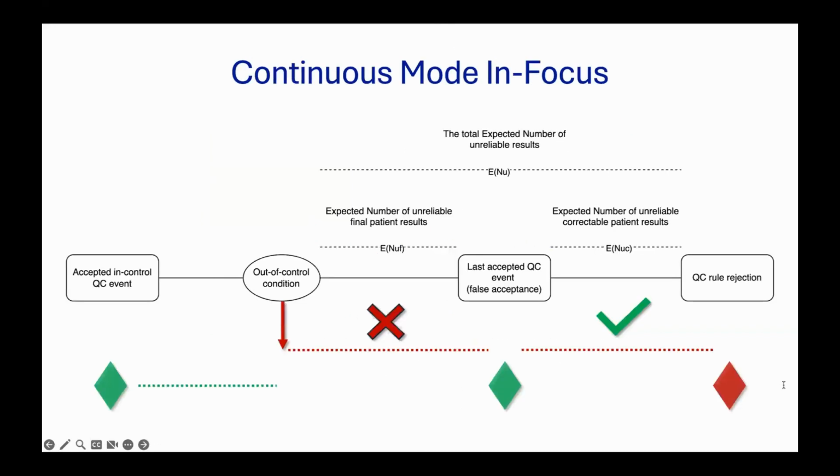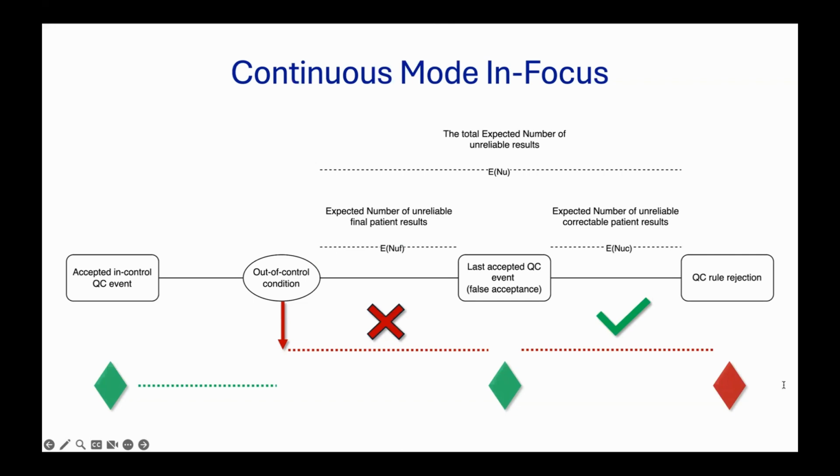Let's look more deeply at the continuous mode. After the in-control QC event at the beginning, an error, a so-called out-of-control condition, occurred, then the subsequent QC event was falsely accepted. The persistent error condition continued, and at the second QC event, we detected a QC rule rejection. In such a scenario, we can correct patient results from the last accepted QC event up to the point of QC rule rejection.